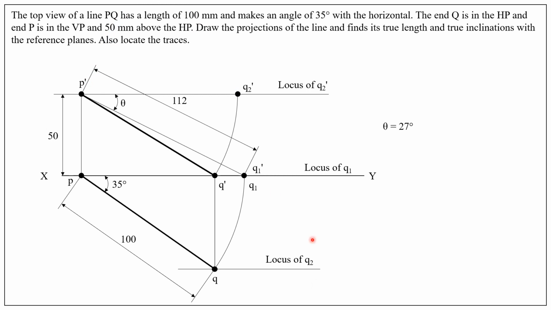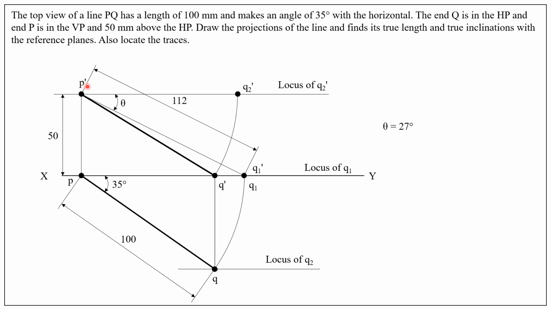So what is this P dash Q2 dash? P dash Q2 dash is the front view corresponding to a top view drawn assuming the line is parallel to HP and inclined at an angle phi to the VP. So P dash Q dash is a front view. Where is its corresponding top view?